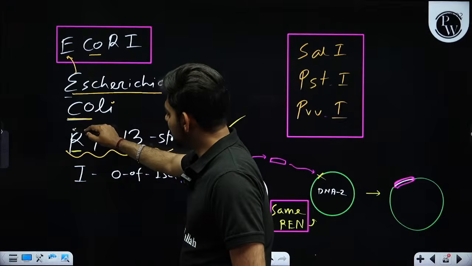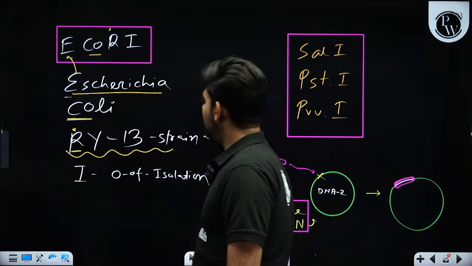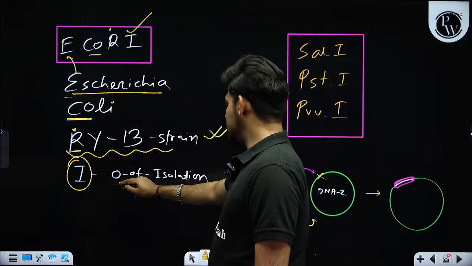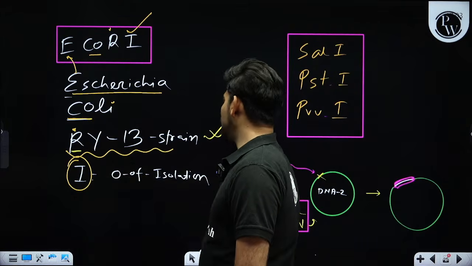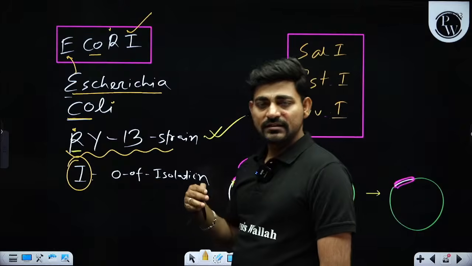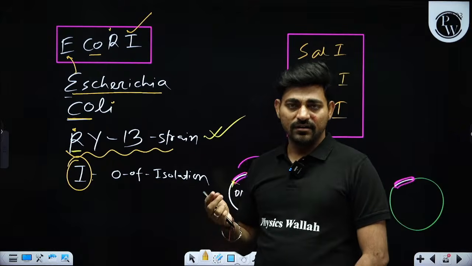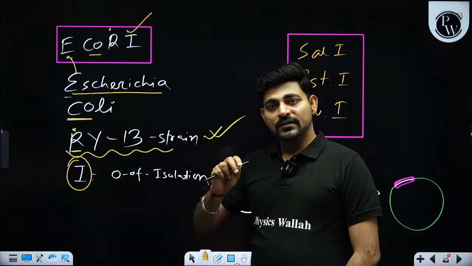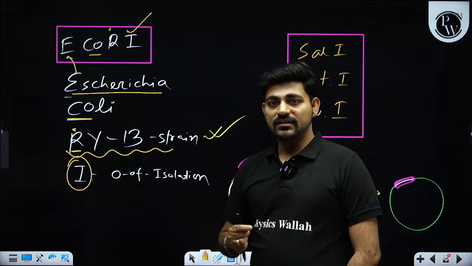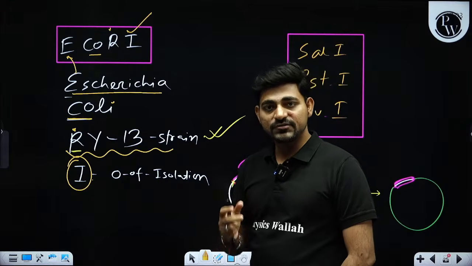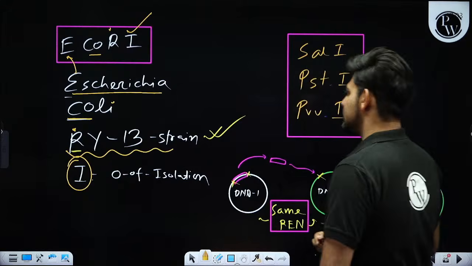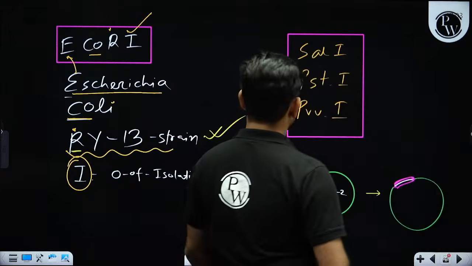The first letter of RY13 is R, and the 1 in EcoR1 is the order of isolation, meaning while the scientists were checking for restriction enzymes inside E. coli, in their first trial they were able to isolate and identify this enzyme. That is why it is named R1.